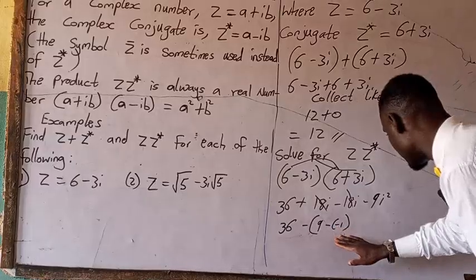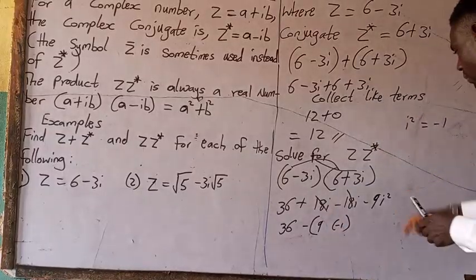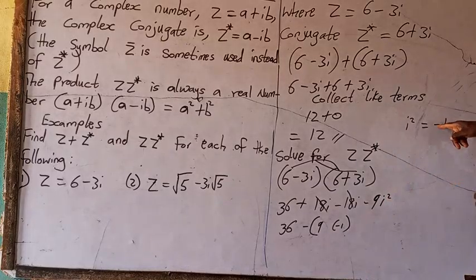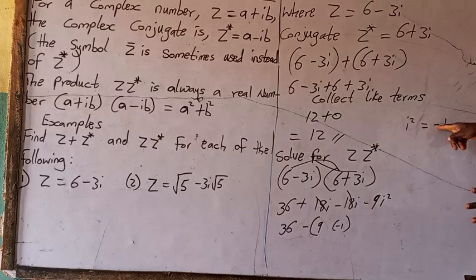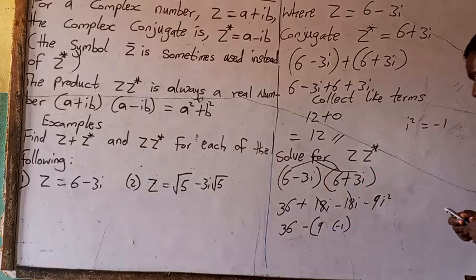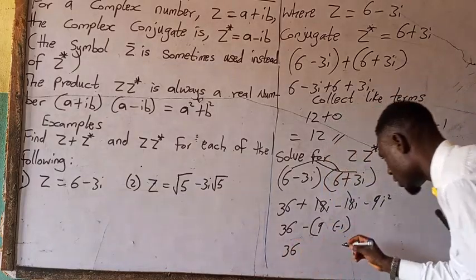Let's keep it this way. This i squared is already turning to minus 1. And the 9, I've already used 3 times 3. So you have 36. Now watch.